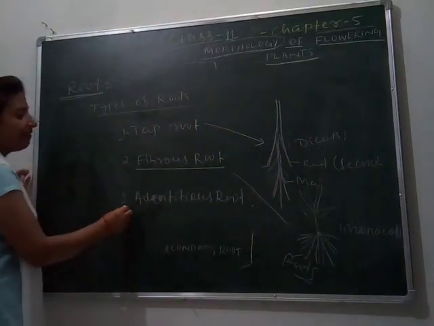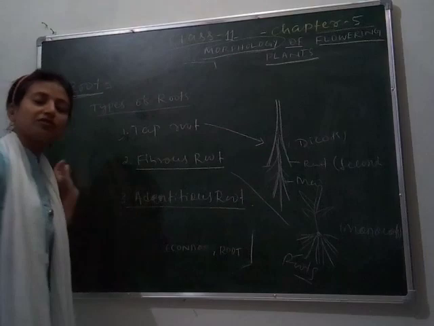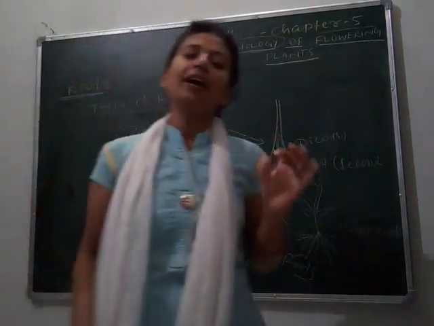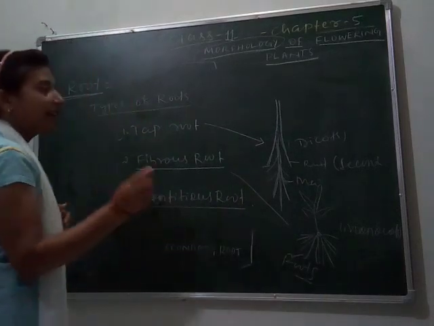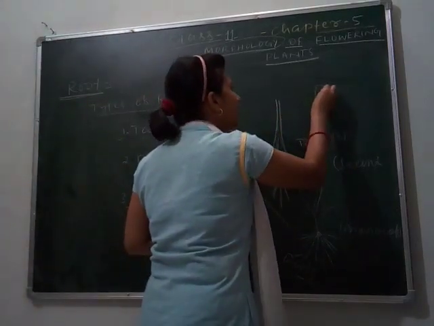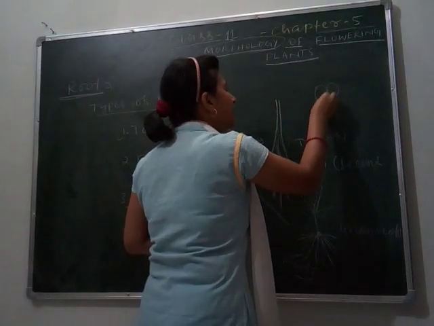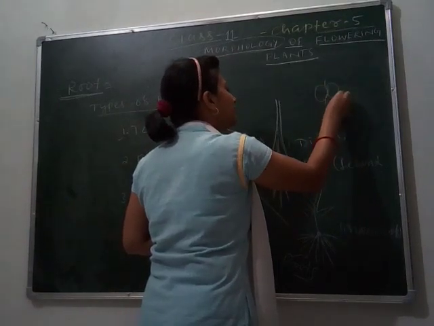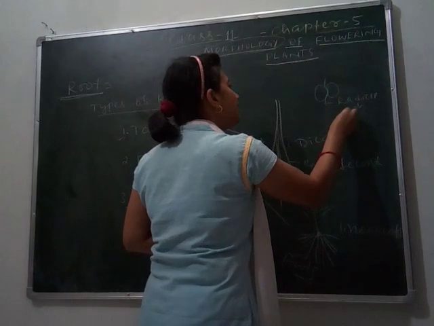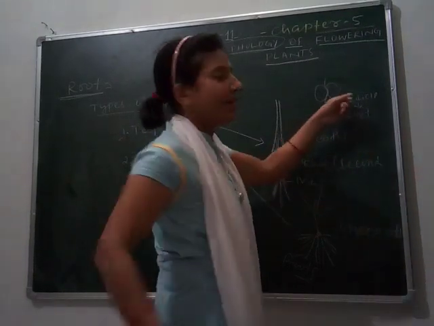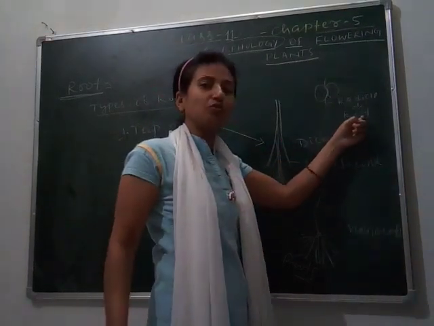Next is your adventitious root. Adventitious root means, as we know, root arises from the radicle. You have studied in class 10th, a seed contains radicle and plumule. This is the radicle, and the radicle in future is converted into root.